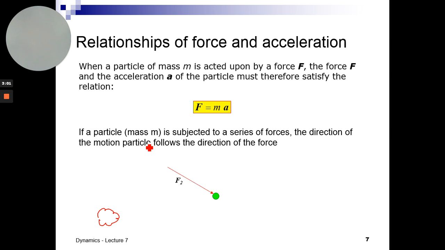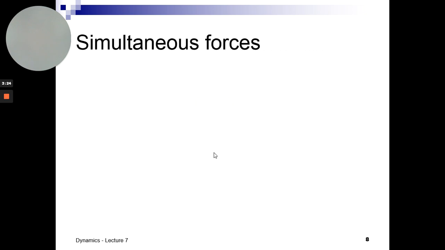The same applies if we induce another external force F2 with a different direction, and then probably another external force F3. So if we combine F1 until F3, what is the resultant force that we can analyze?